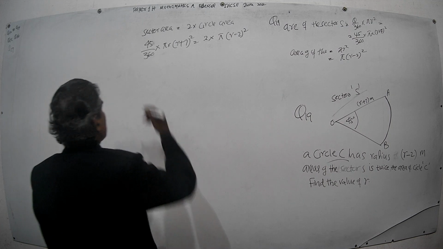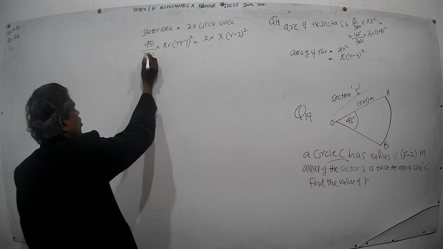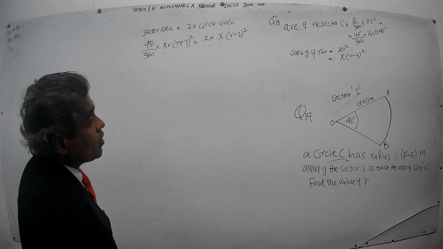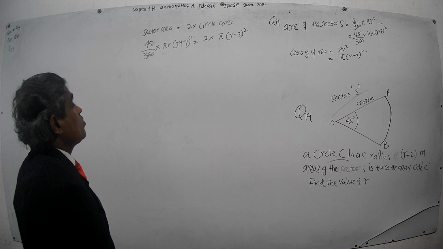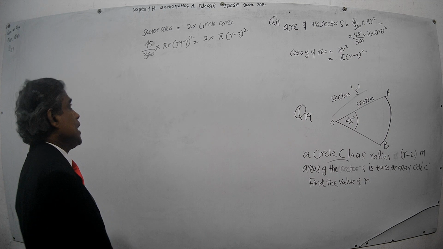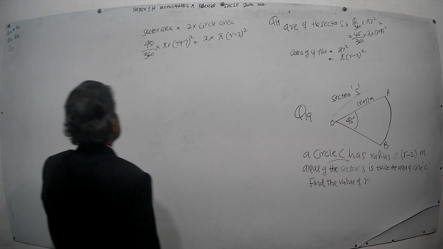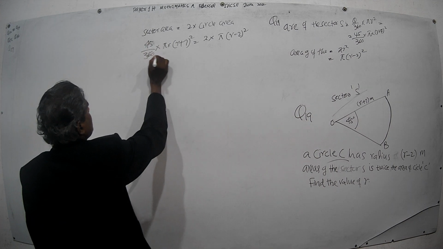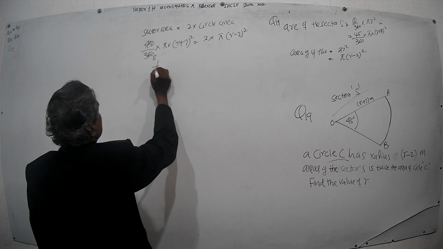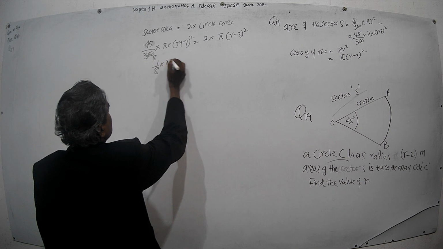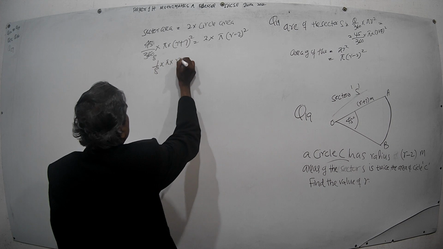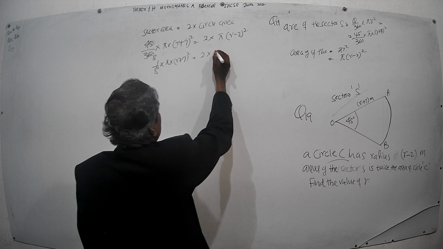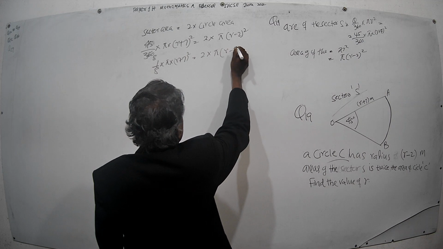Then 45 and 360, how many 45s in 360? 8 times 5 is 40, 8 times 3 is 32, yes, this one is 8. So 1 over 8 into pi into (R plus 7) squared equals 2 into pi (R minus 2) squared.